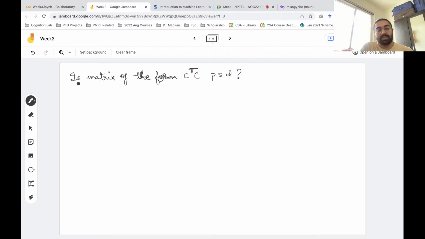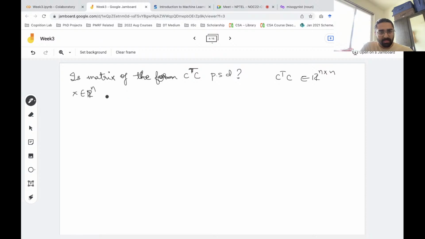So the question is, is a matrix of this form PSD or not? To prove PSD, we just need to look at the quadratic form. So let's say I have a vector x in R power n, and C transpose C is a matrix in R power n cross n.